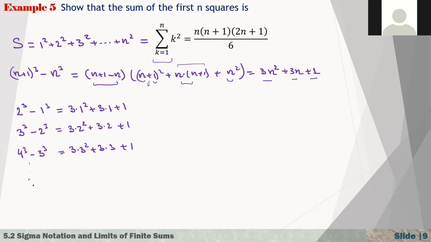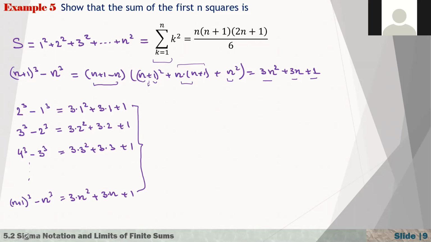If we continue this until n, the last one is n plus 1 cubed minus n cubed, which is the first formula. On the right hand side, I have 3 times n squared plus 3 times n plus 1. Now let's add all the left hand sides and right hand sides.